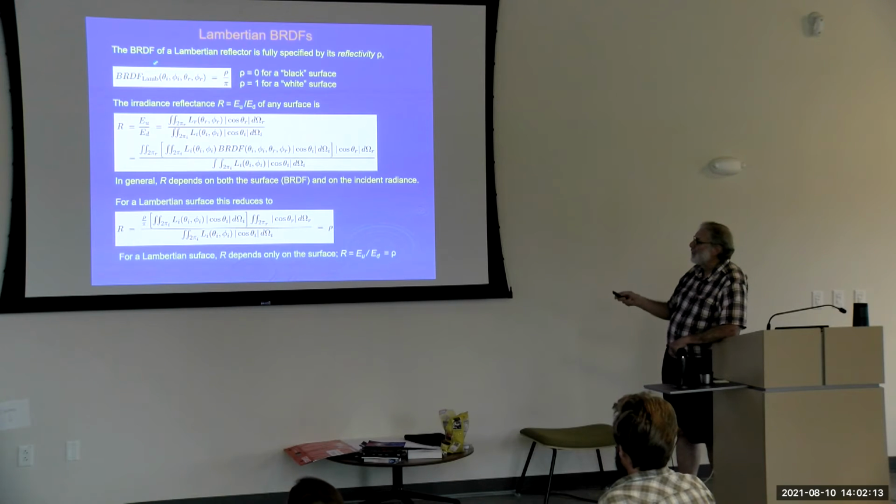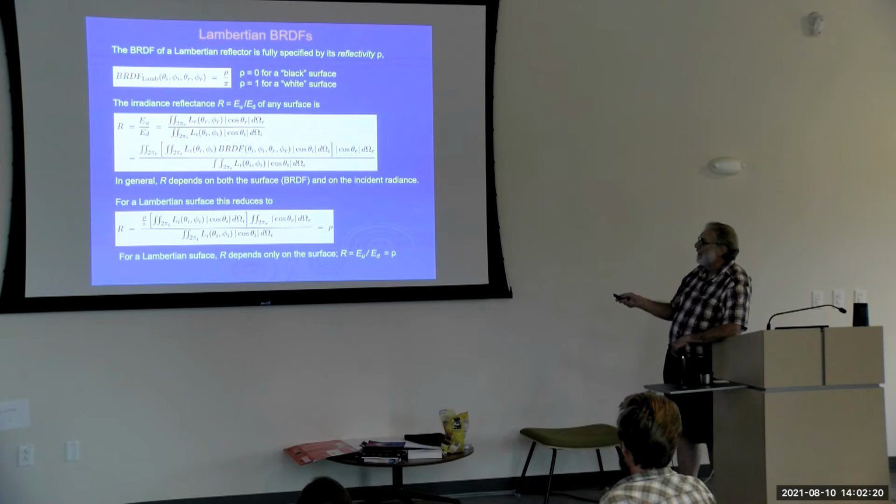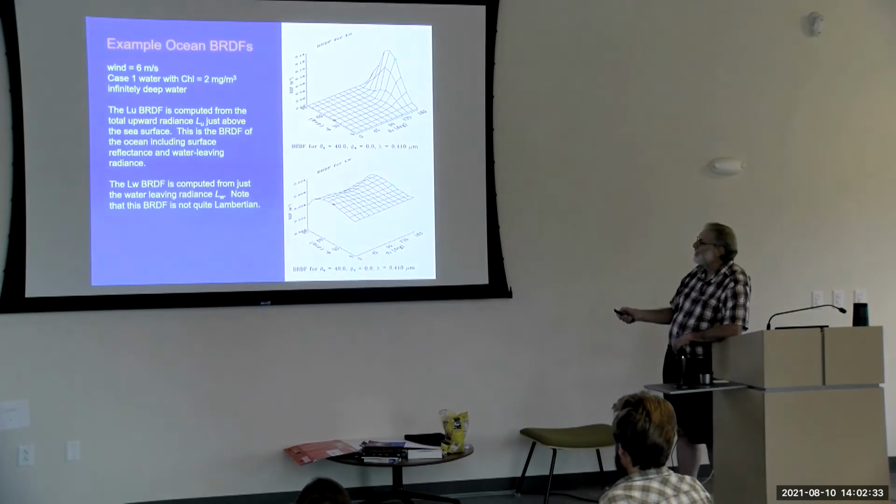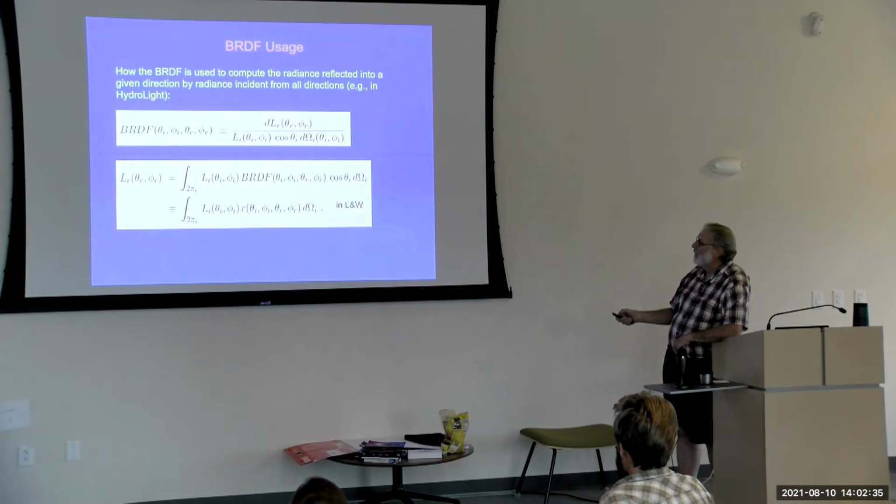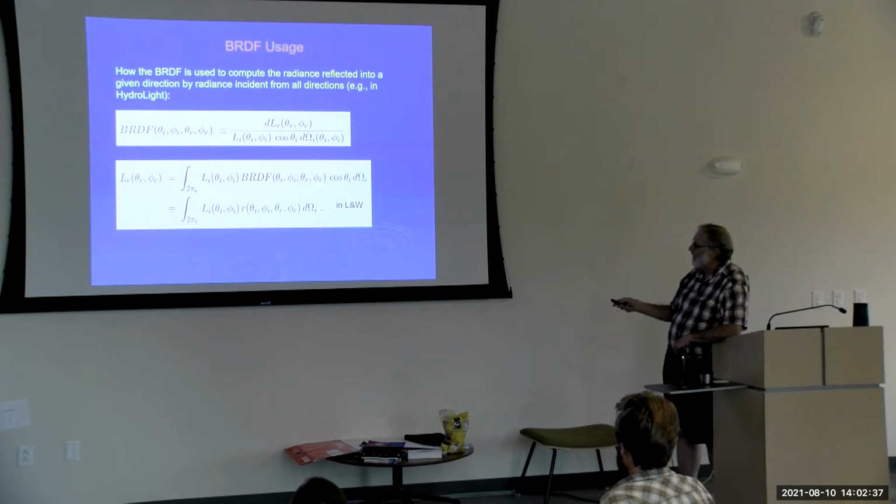So to see how this works, if you go back and say, well, what's the irradiance reflectance, EU over ED? Well, that's just the integral of reflected radiance times the cosine over the integral of incident radiance times the cosine. But what's the reflected radiance here? Well, you go back, that's just this equation right here.